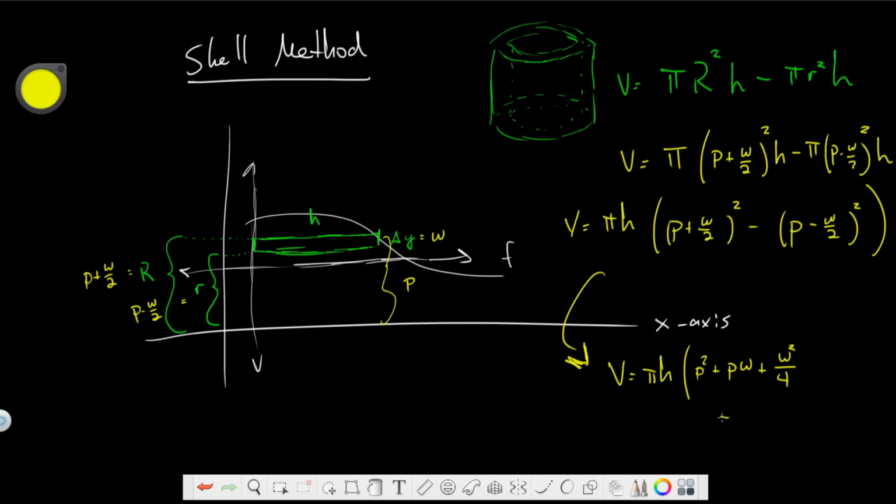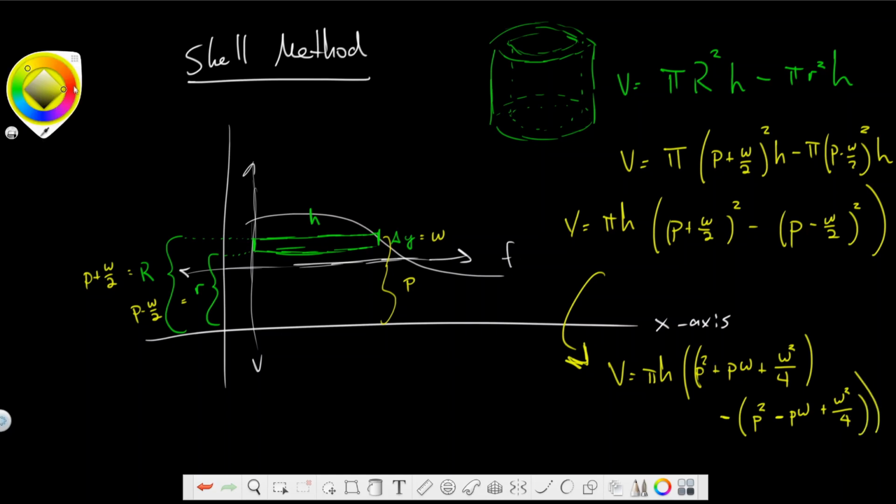And then on the other end, minus, once again, p squared, this time minus pw, and then once again plus w squared divided by 4. And then things are going to cancel. p squared minus p squared, 0. w squared over 4 minus w squared over 4, gone. But pw minus negative pw is 2pw.